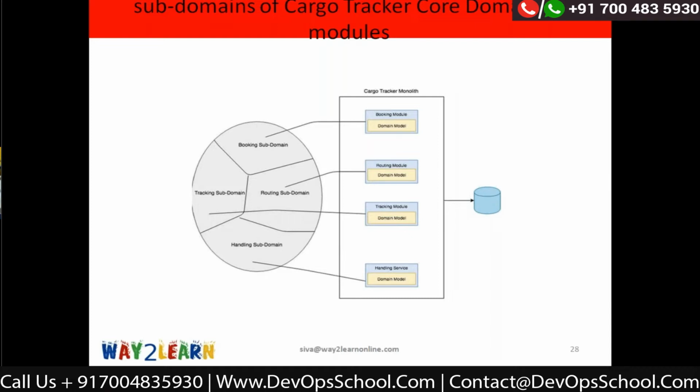You don't know how big your application would be in future. The best thing they suggest is you design a monolith, but still follow the DDD approach. You can still design your monolithic application following a DDD approach.